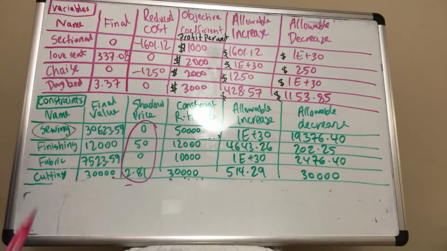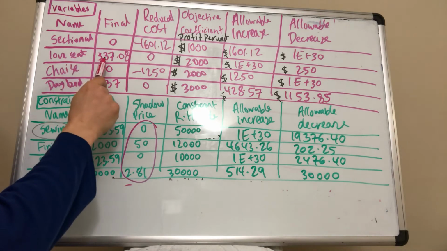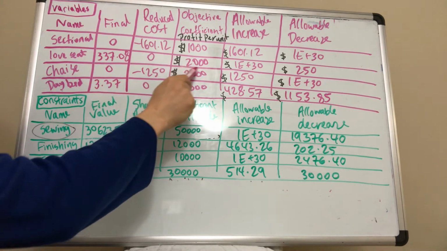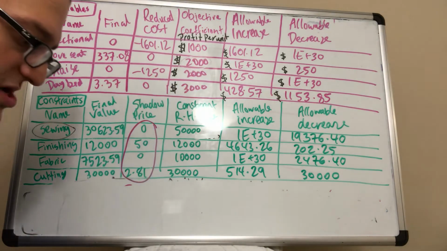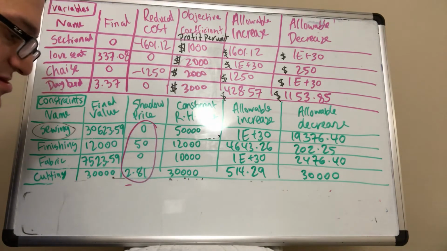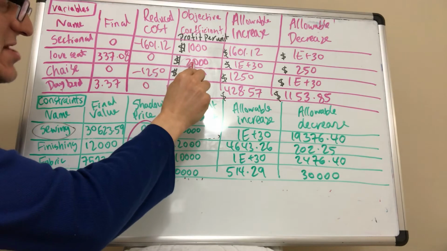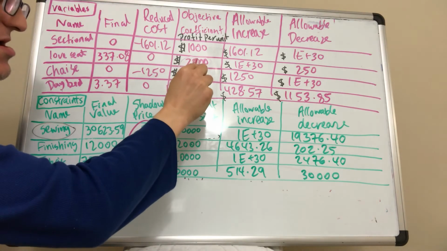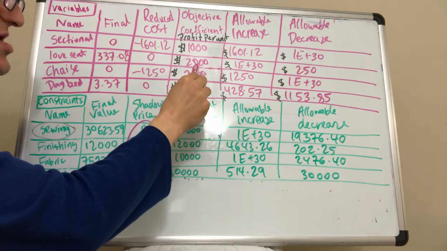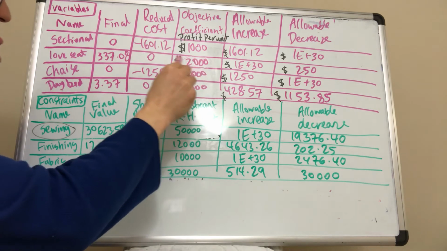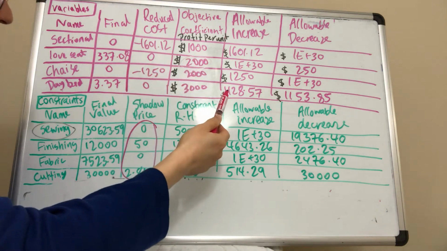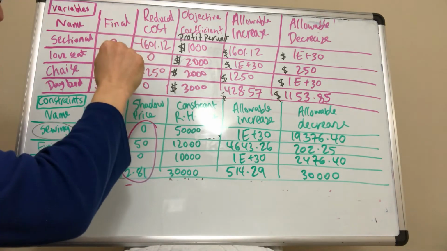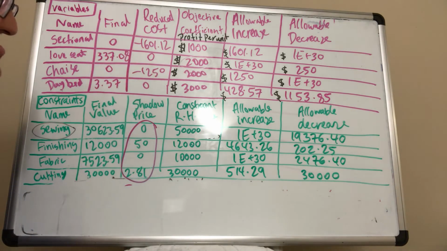You see, Love Seat, they're actually producing 337. They make $2,000 profit a unit. They tell you it's possible to increase this by 100, make it 2,100. Would that be attractive enough for you to produce more of this and less of something else?